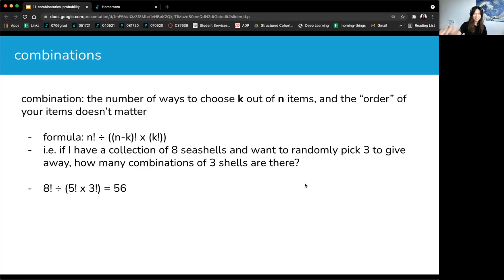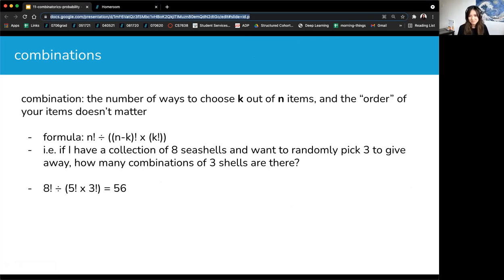I'm just grabbing 3 seashells and giving them to someone. The formula is slightly different. Because the number is smaller, you're actually dividing by more. So the formula is n factorial divided by the product of k factorial and n minus k factorial. We're adding something extra at the bottom.